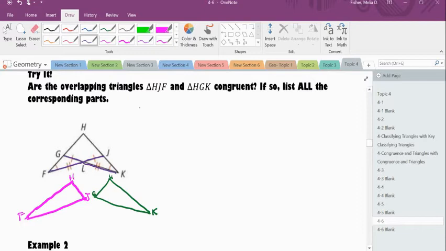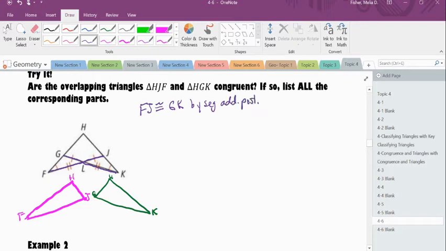We know that FJ is congruent to GK, and that's because of the segment addition postulate.